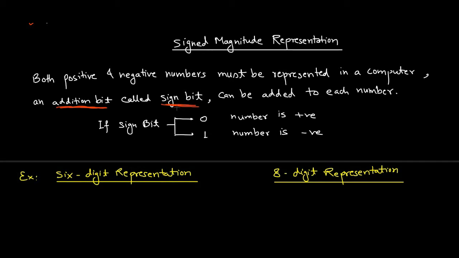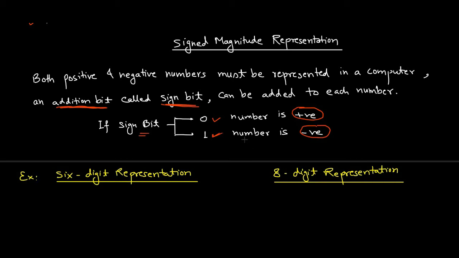Sign bit can be added to each number, whether it is positive or negative. So if the sign bit is considered as 0, then the number is positive. When the sign bit is 1, the number is negative.